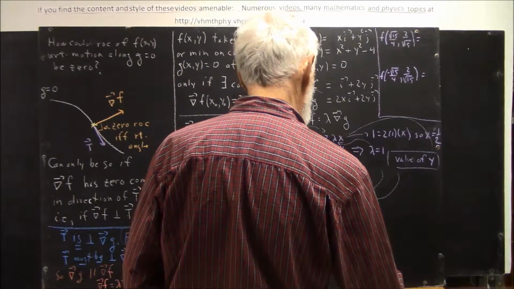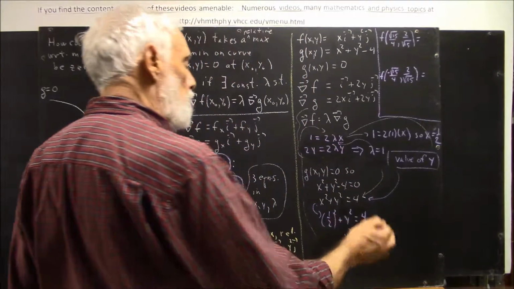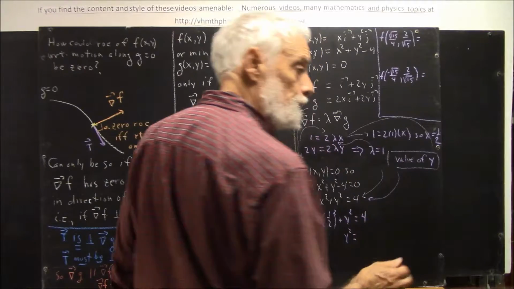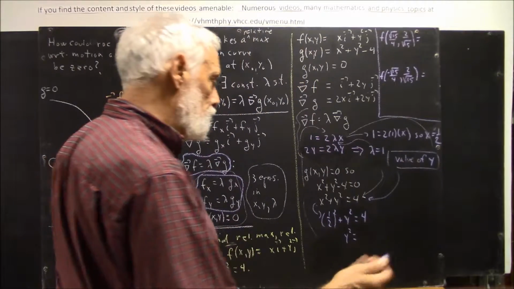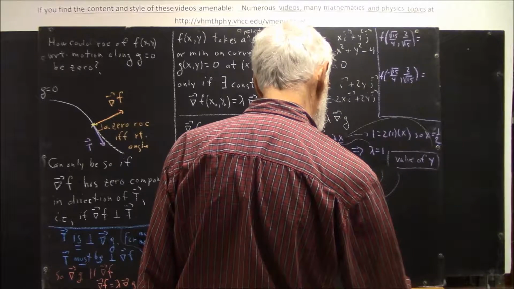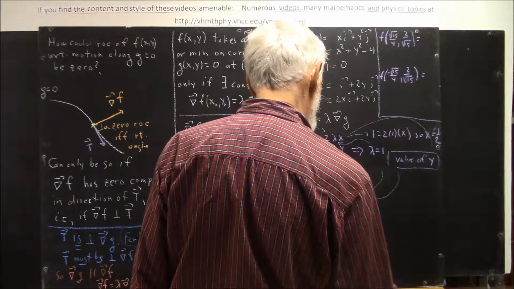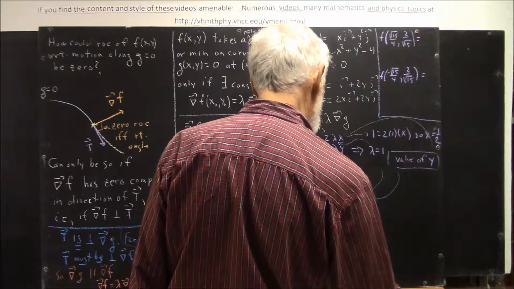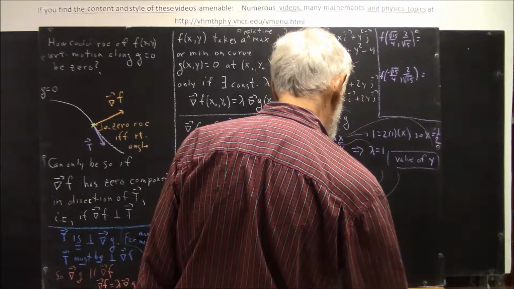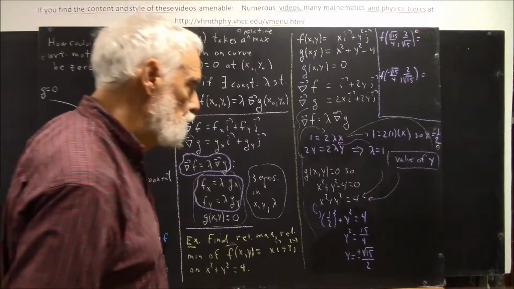Well, first of all, y squared equals 4 minus 1/4. So that y squared is, well, 3 3/4, and that's 15/4. So that y is plus or minus the square root of 15 over 2.